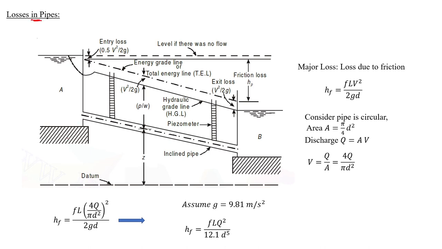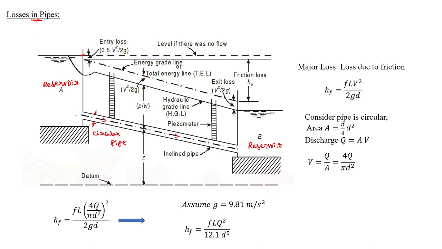Okay. Imagine there are two reservoirs, reservoir A and reservoir B. If the flow is taking place from reservoir A to reservoir B through a circular pipe, at this particular location, if we insert a piezometer, the head available with the water will be shown as this much only.